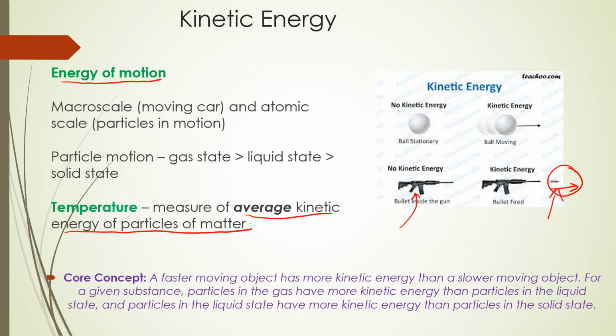So in other words, we can state that a substance that has particles with greater average kinetic energy will have a higher temperature. Now we know that particles move faster in gas state. Therefore, they will have higher average kinetic energy in gas state, and hence gas state will have higher temperature.